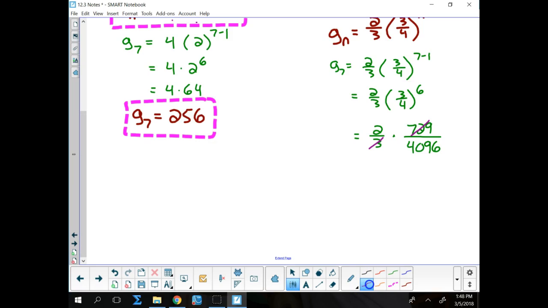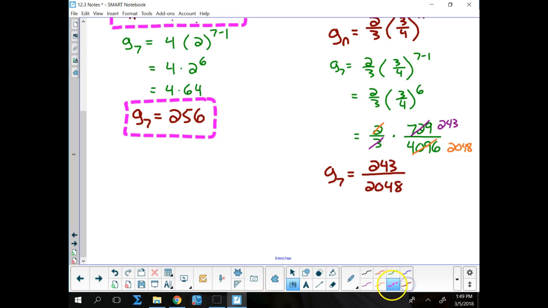3 goes into 729 243 times. 2 goes into 4096 2048 times. So the 7th term here is 243 over 2048.